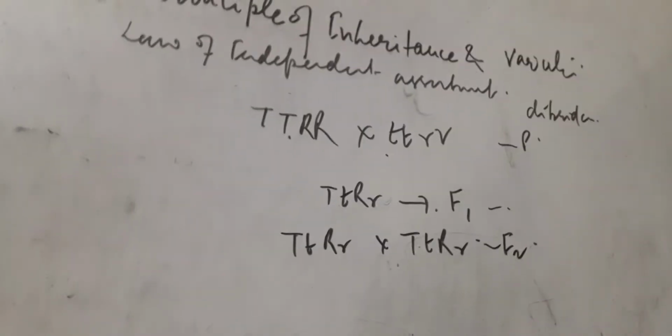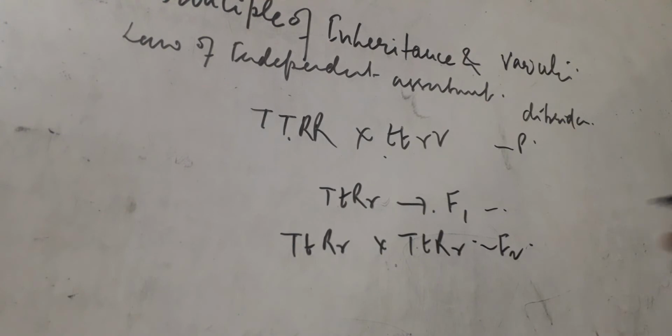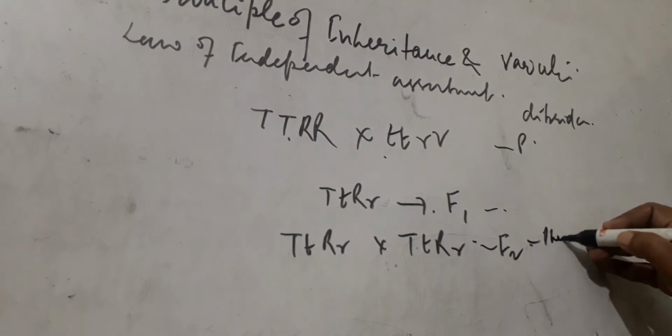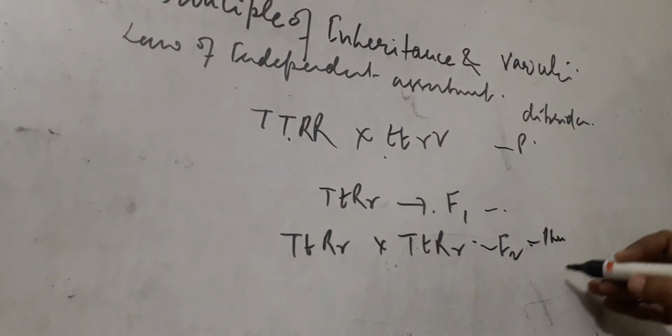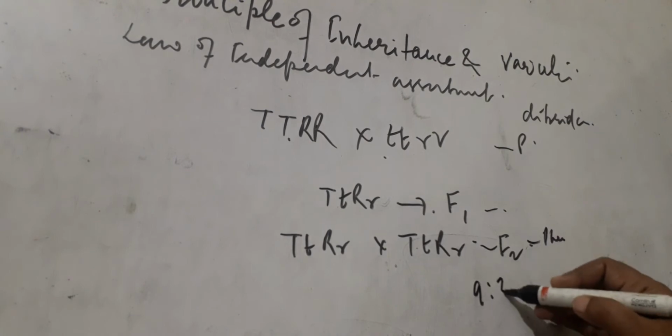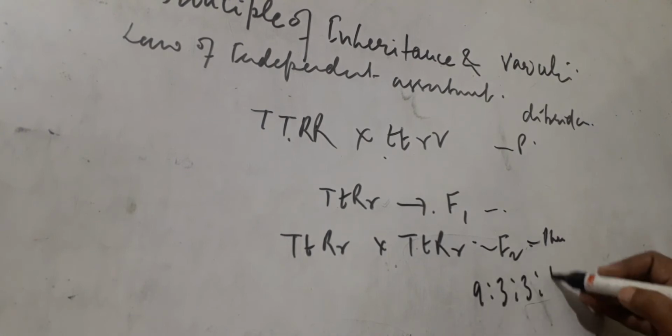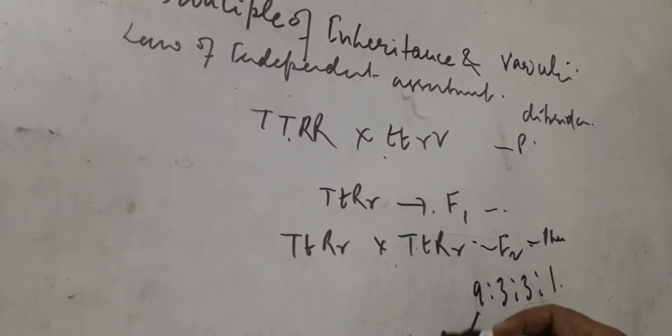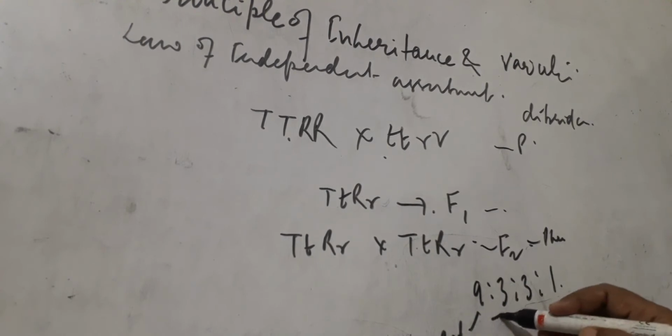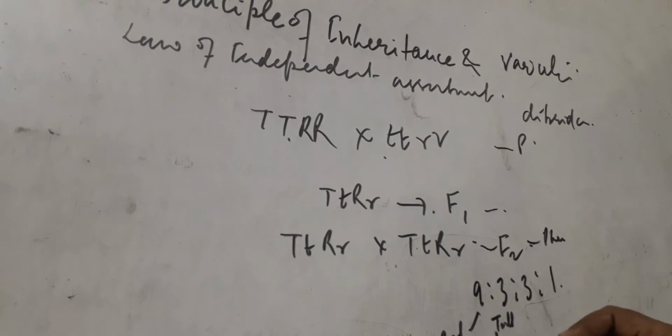Out of these 16, 9 will be from the dominant character generation, the phenotype generation. 9 is to 3 is to 3 is to 1. 9 of red and tall, 3 tall and white, next dwarf and red.